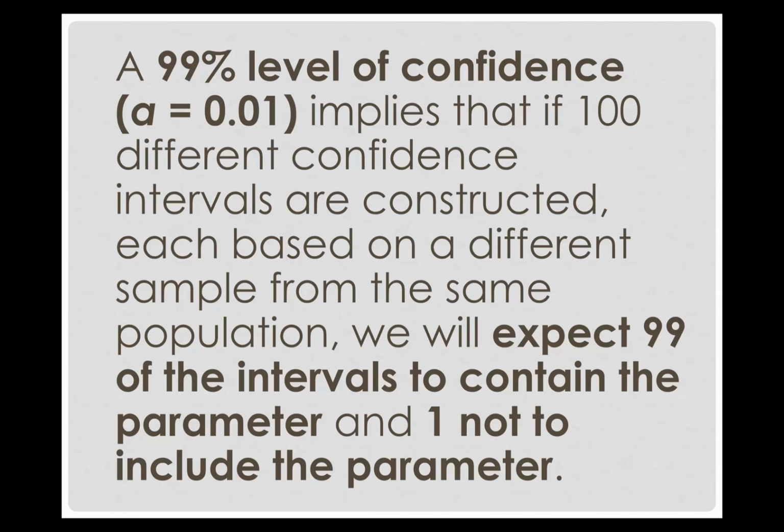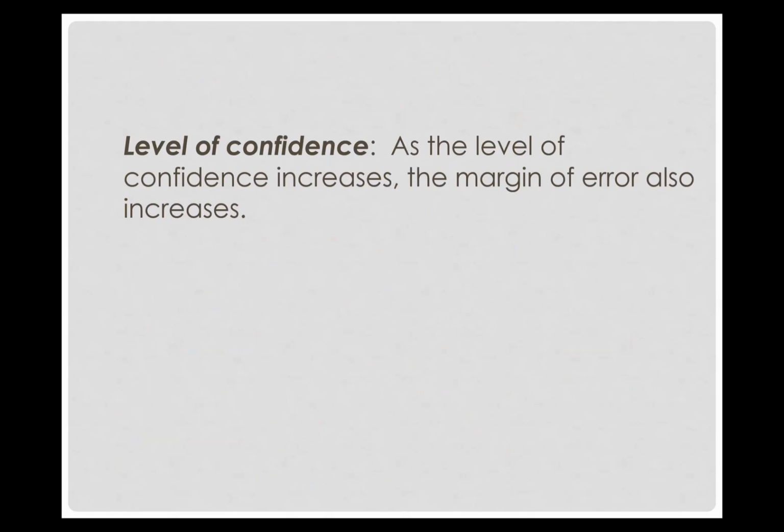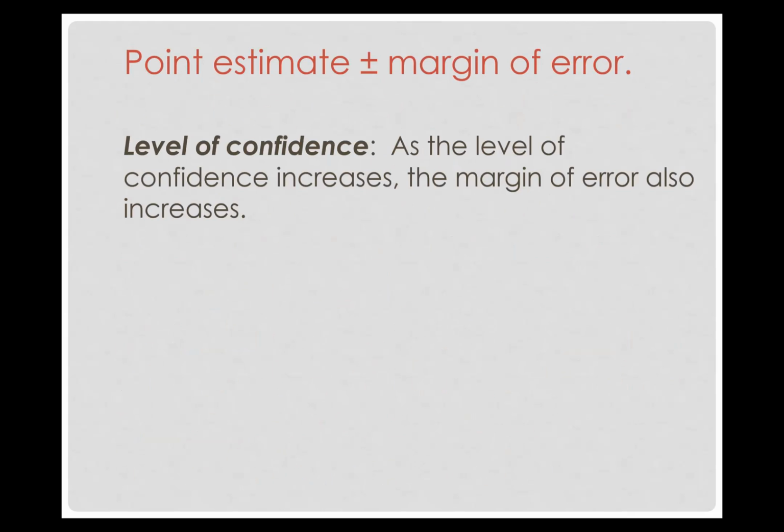And so what that means is if we took 100 different confidence intervals, constructed based on different samples out of the population, we would expect 99 of those intervals to contain the actual parameter and one of them to not include the parameter. All right, so just like with our population proportions, we're going to take our point estimate and add and subtract our margin of error.